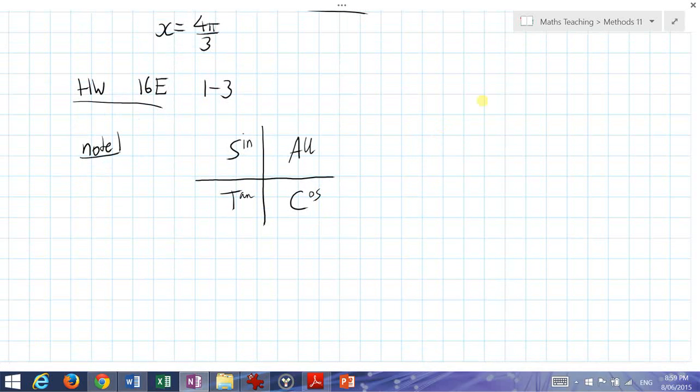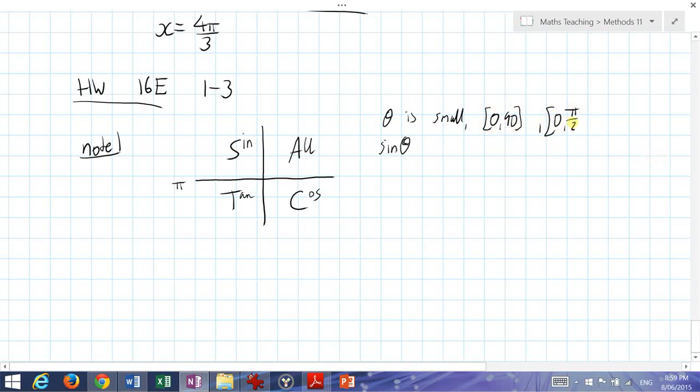So just as an example, remembering that this is pi, sine of theta, let's say where theta is small, between 0 and 90 degrees, or between 0 and pi on 2.